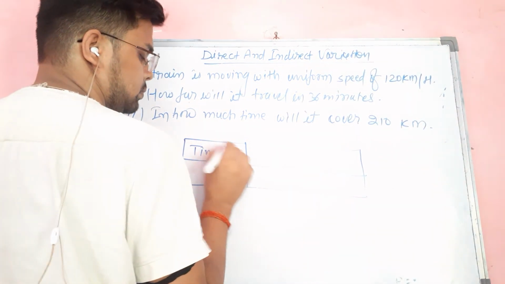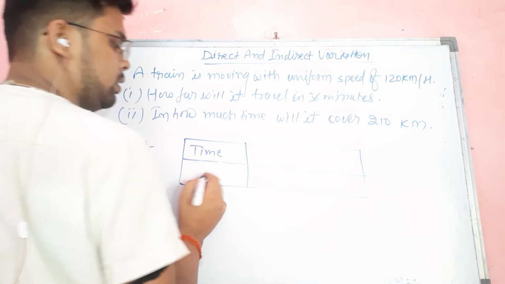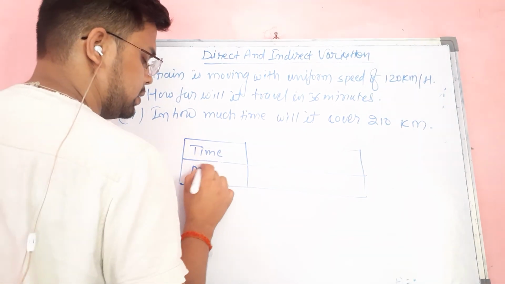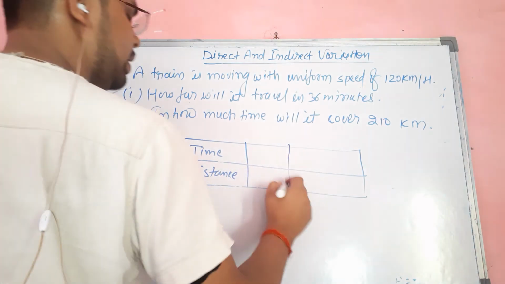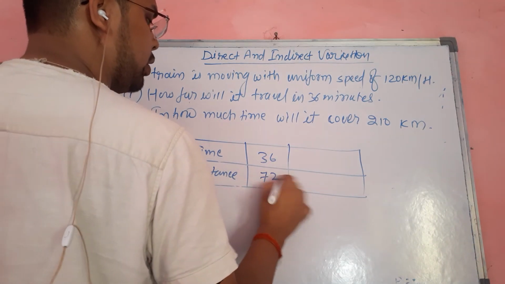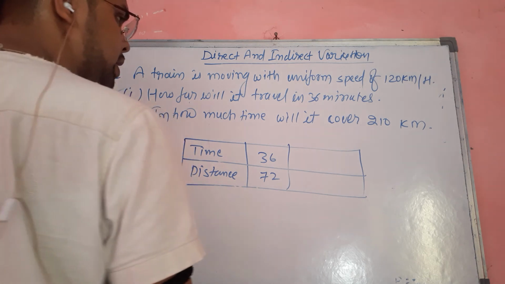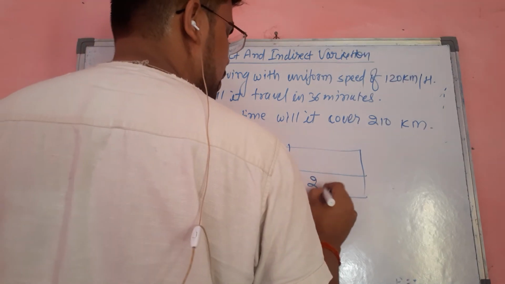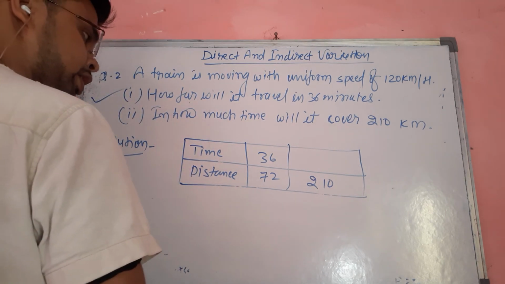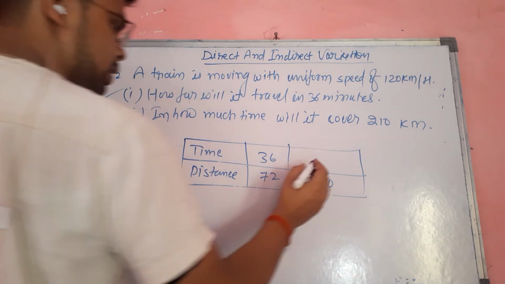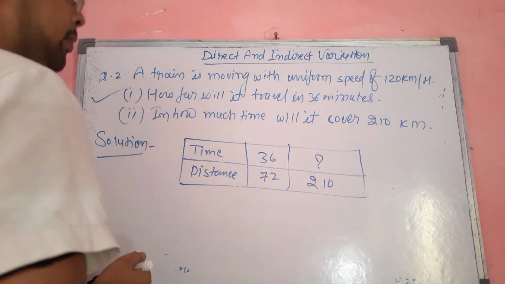Time, and in this column I will take distance. In 36 minutes the train covers how much? 72 km. In the question it is asking, while covering 210 km, how much time will the train take? I don't know what time the train will take.